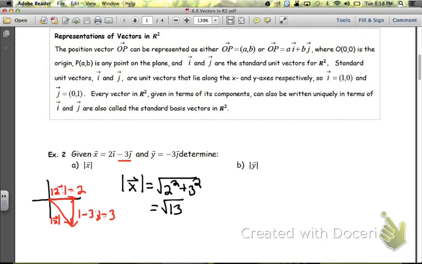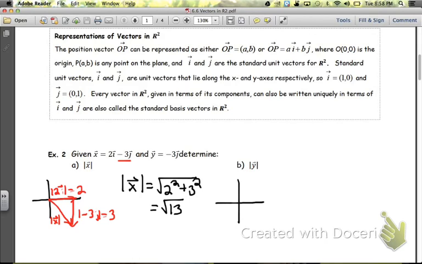Now, if we look at y, it is just negative 3j. Giving ourselves a visual, we don't have any i's, so the i component is just 0.